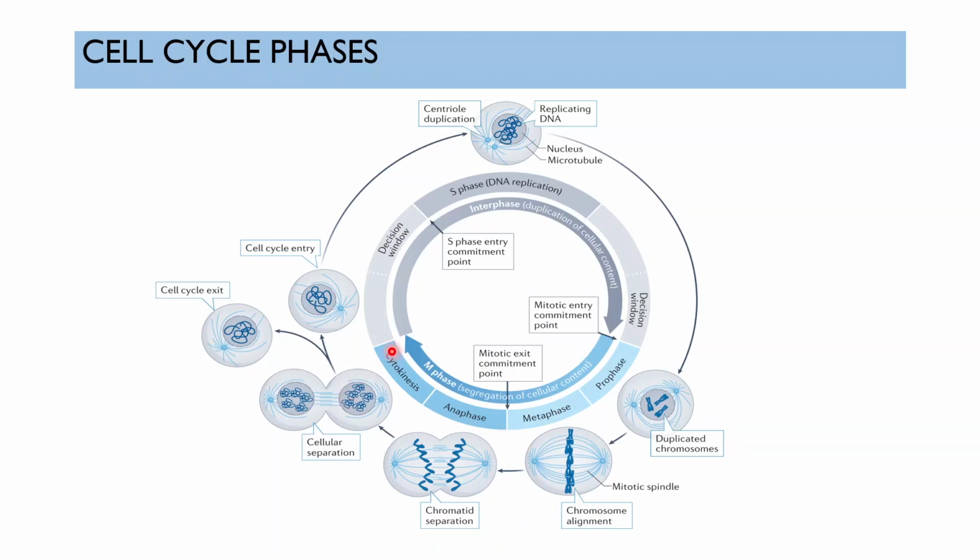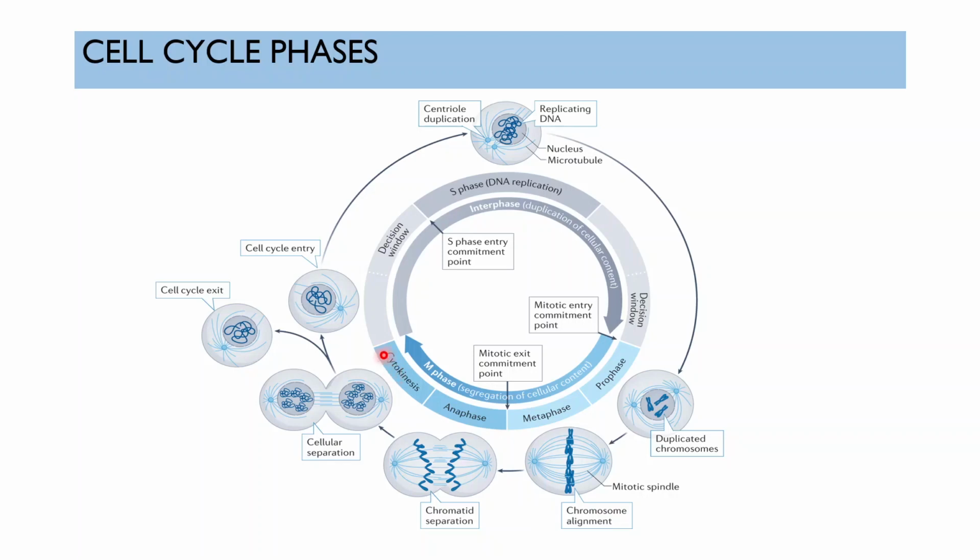Now, at this point where a cell is entering the interphase after having undergone one cycle of division, it is offered two options. That is, it can re-enter another cycle of division, or it can opt out of this cell division process. Now, what are the factors which determine whether the cell will opt out of division or it will re-enter another cycle of division?